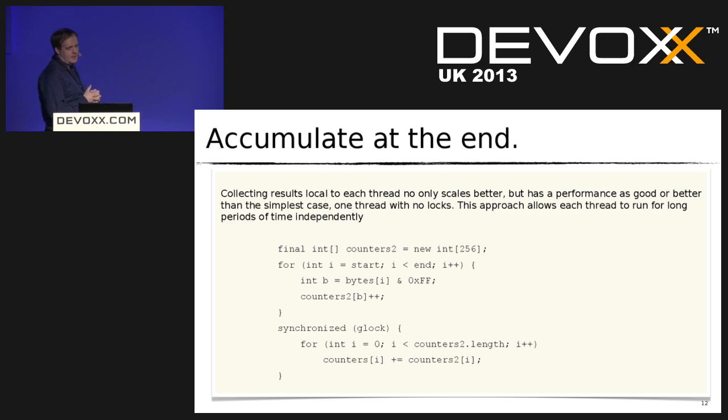And lastly, each thread has its own local copy of an intermediate result, in this case 256 counters. It calculates for its portion what the totals are, and then only at the end it obtains a global lock, which it adds to the sum.